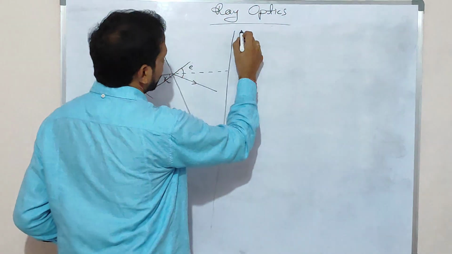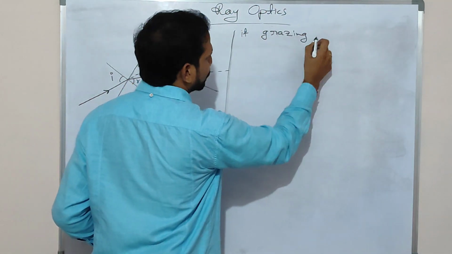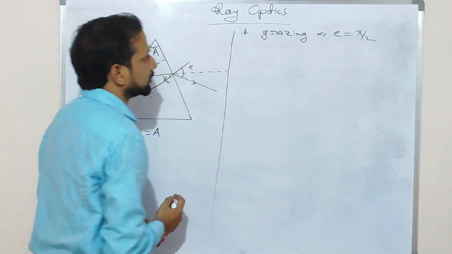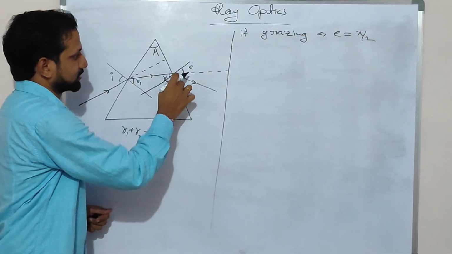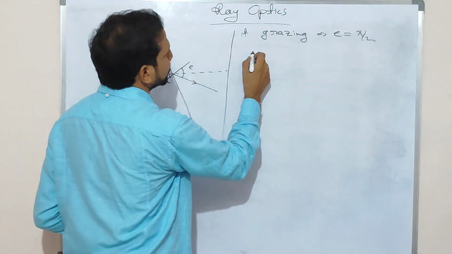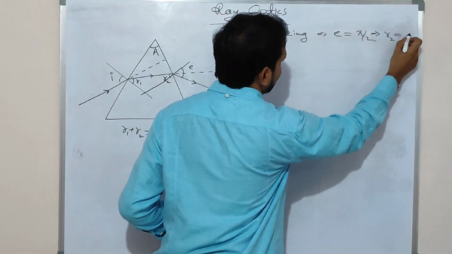If it is grazing, then the angle of emergence E is 90 degrees. If the angle of emergence is 90 degrees, then the corresponding R2 is going to be the critical angle. Then we can say R2 equals critical angle.